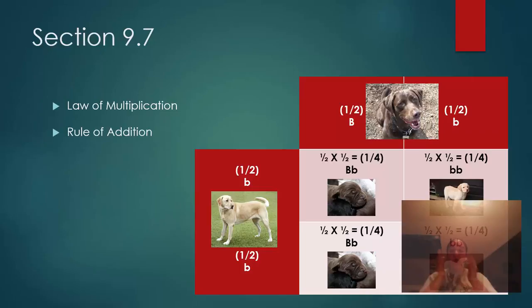For instance, you can also use a Punnett square to calculate what are the odds that a specific genotype will come up if 2 individuals had offspring. You can do this 2 different ways. The first is the law of multiplication. Simply by multiplying the half of one parent's genotype by the half of the other parent's genotype, you can figure out in a simple small Punnett square like this that, say, the odds of getting a particular genotype combination might be 1/4.